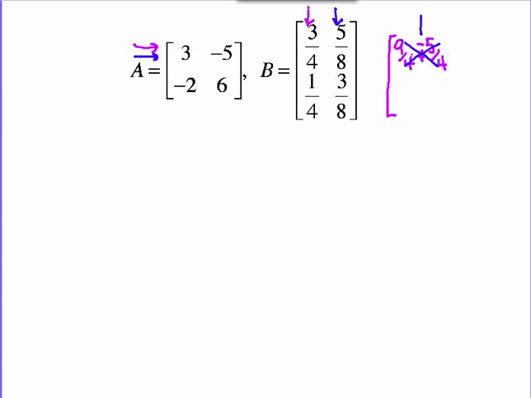So what's that one going to be? This one will be 15/8 plus, what's this one going to be? Negative 5 times 3 is negative 15/8. So your answer will be 0.